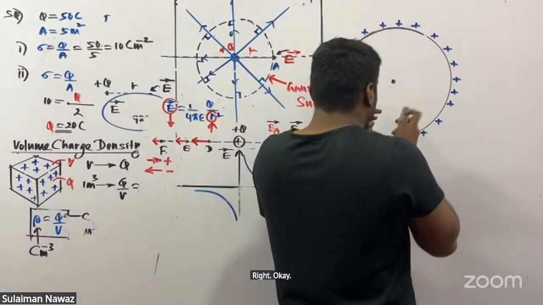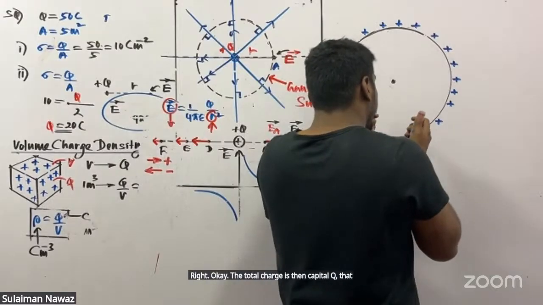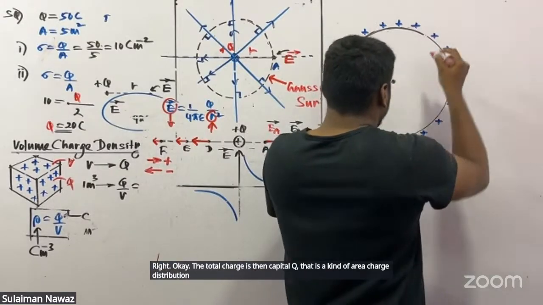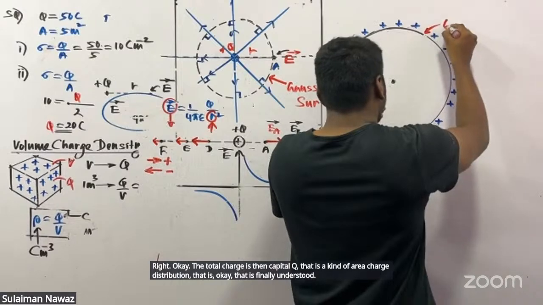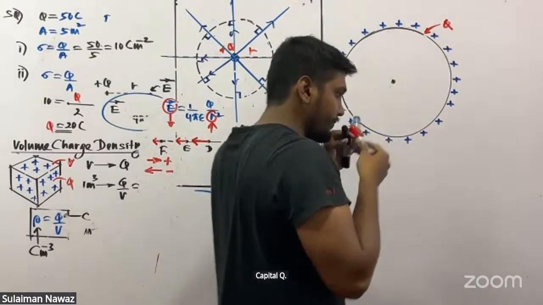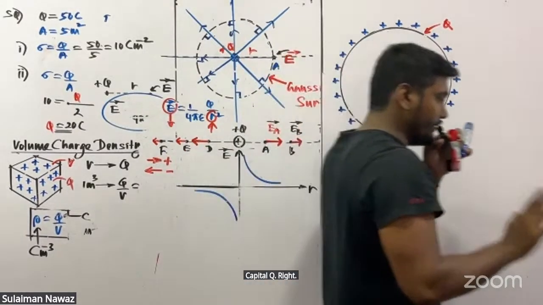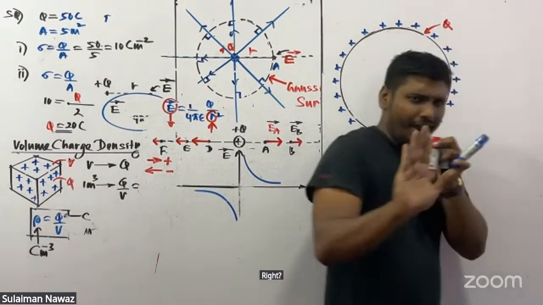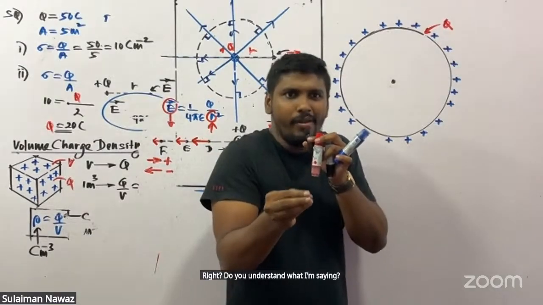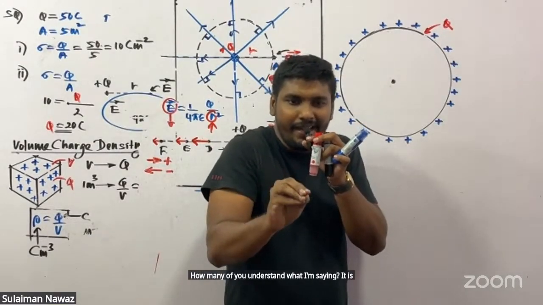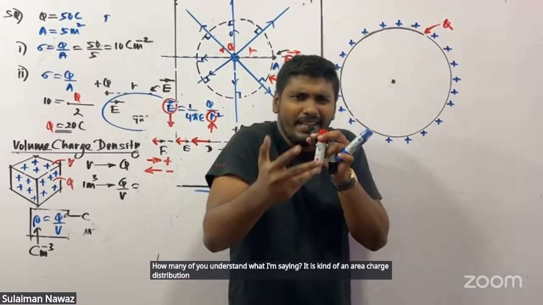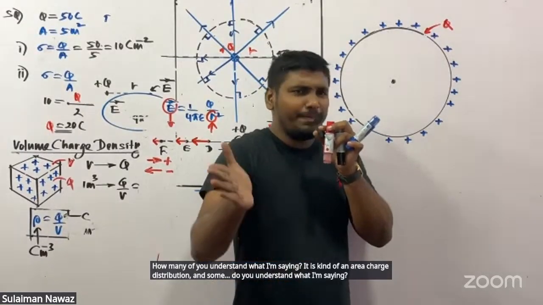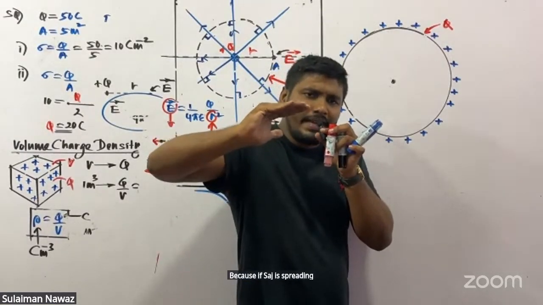The total charge is then capital Q. That is a kind of area charge distribution. I understood. Capital Q. Do you understand what I'm saying? How many of you understand? It is an area charge distribution, because the charge is spreading on the outer surface area of the sphere.